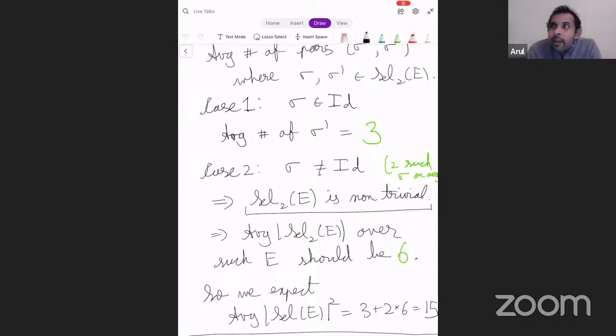For example, in the simplest case, the class group of a number field is modeled as a random abelian group. You have to put the right measure on abelian groups, but it's a very natural measure: one over the size of the automorphism group of the abelian group. For example, Z mod 3 cross Z mod 3 has a larger automorphism group than Z mod 9, so you expect Z mod 9 to occur more often.